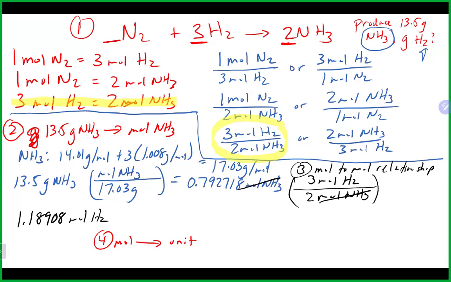So we will need the molar mass, but we do have to remember at this point that we're no longer at NH3 in this example. We have transitioned over to H2, so we would need the molar mass of H2 from the periodic table, and that is 2 times 1.008. And it's going to give us 2.016, I believe.